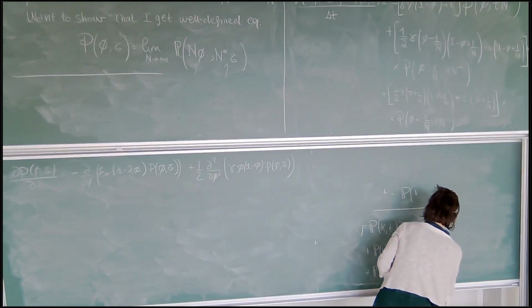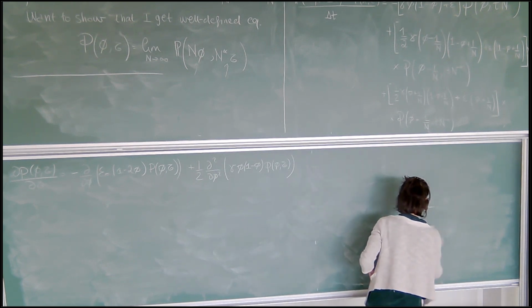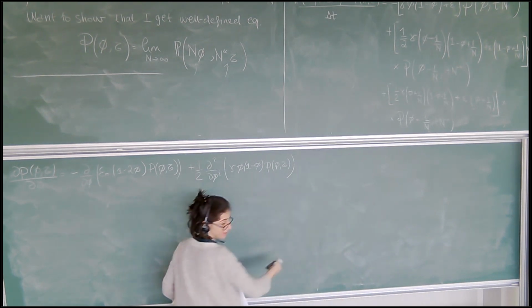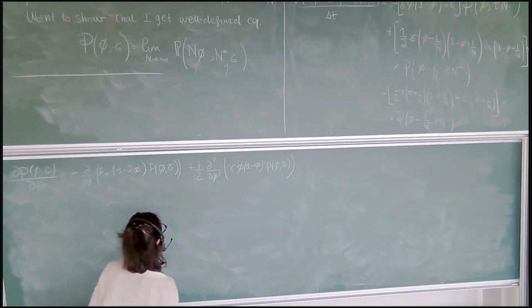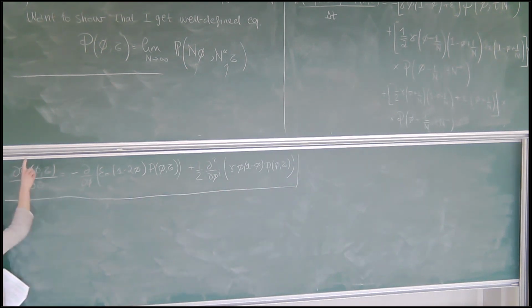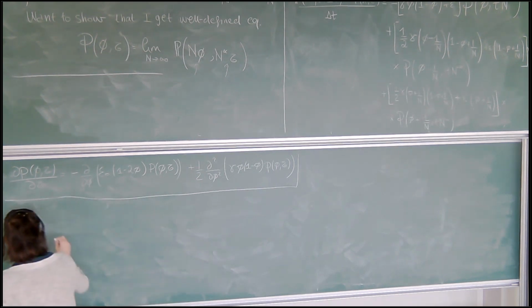Now let's forget about this calculation that I just did, and let's assume that I give you this Fokker-Planck equation and I ask you to justify why it looks like this, given what you know about the process in discrete space and in discrete time. So this is point 2.